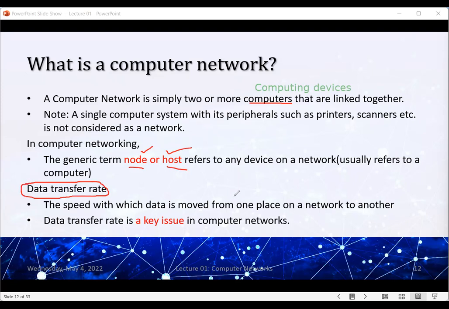Then, let's think like this. I want to share a file with another friend using Bluetooth, right?